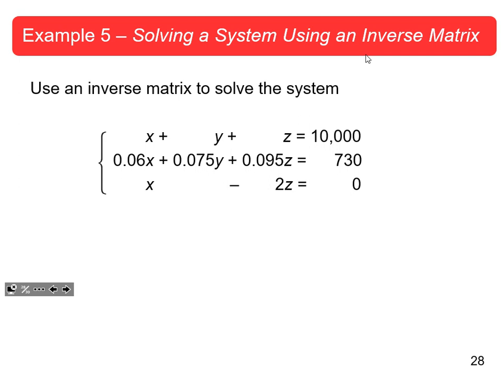The way we set this up is a little bit interesting in that we're going to set up a matrix of the coefficients only. So we have this here, x, y, z. That would be 1, 1, 1, 0.06, 0.075, 0.09.